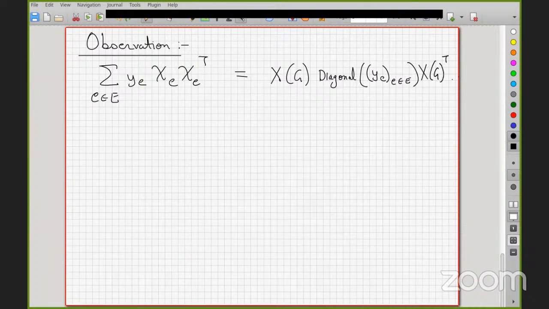This is a standard way of writing sums of rank 1 matrices, and it's easy to see from either of these two descriptions. Let's write down the dimensions just to make sure that we are doing it right. So this is n-1 cross m. This is m cross m, a diagonal matrix, and this is m cross n-1. That's the transpose.